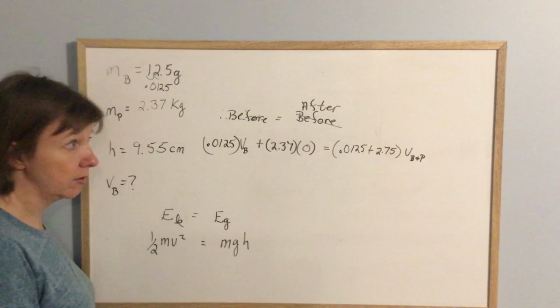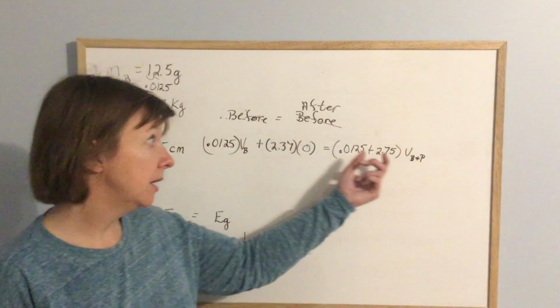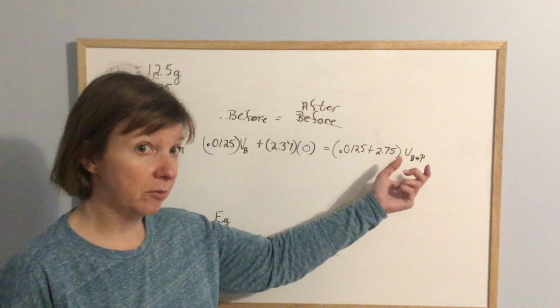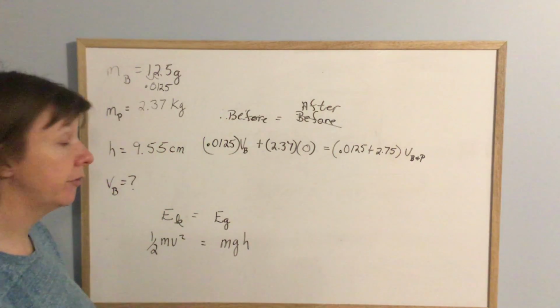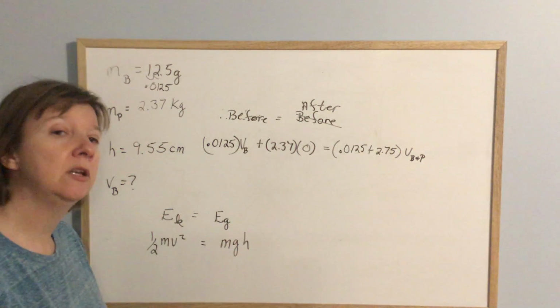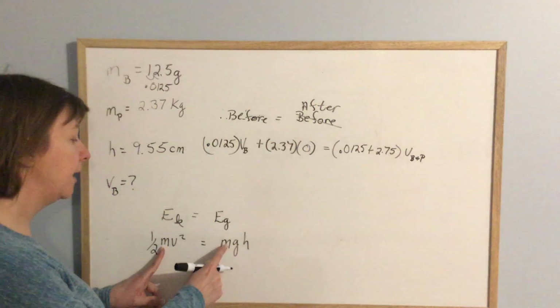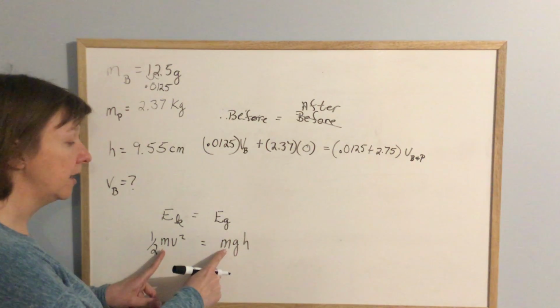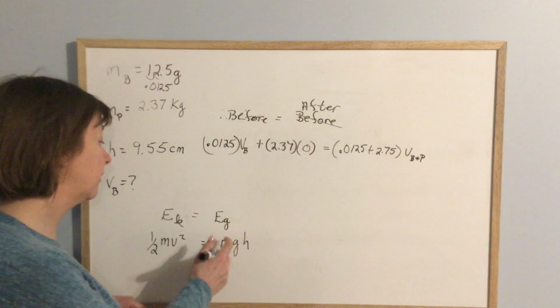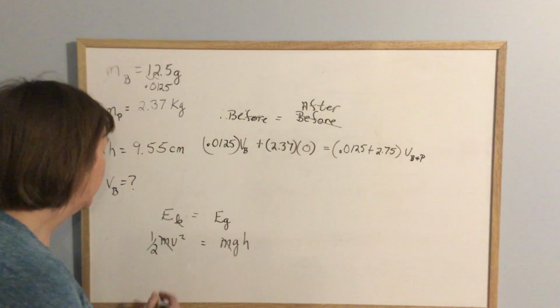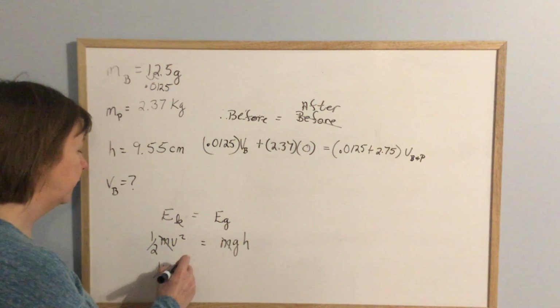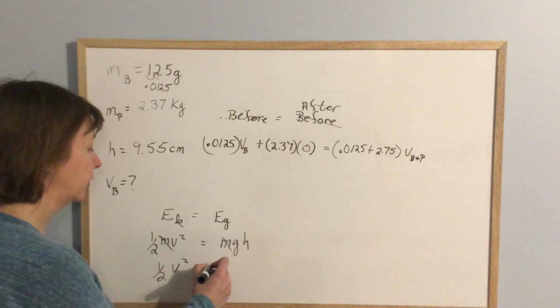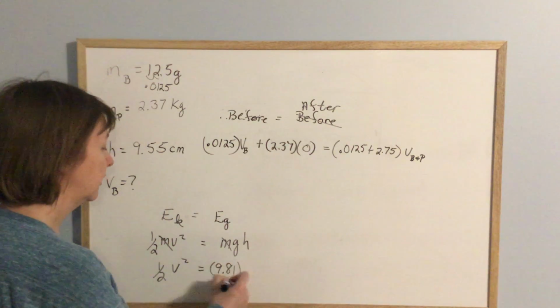Now in both cases, the mass is the bullet and the pendulum together. So I can put that number in there if I want to and work it out, but I don't need to, because if there's 1 m here and 1 m here and they both represent the same mass, I can just cancel them out. So I have 1/2 v squared is equal to gravity times height.